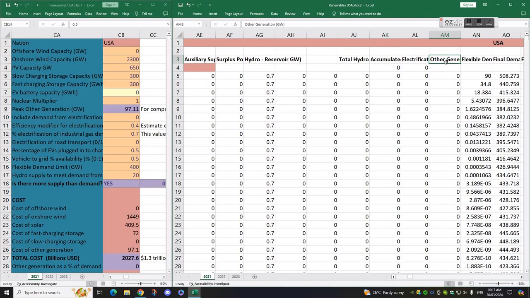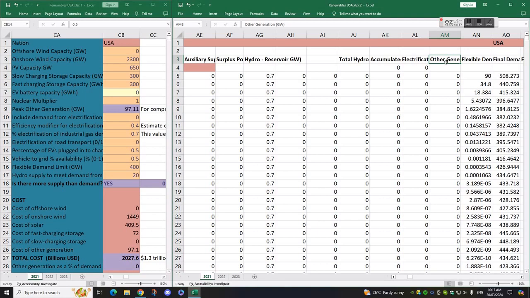So biomass could run through the night, or as I said, biogas from the methane generated from sewage works and rubbish tips. And it could be gas turbines run from hydrogen, green hydrogen that's been synthesized using renewable power. Any sort of readily dispatchable source.